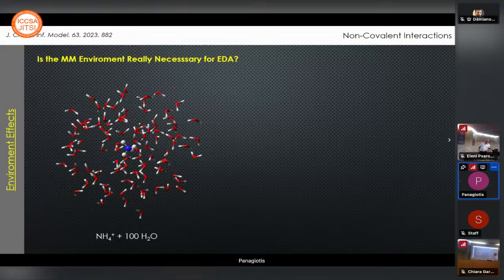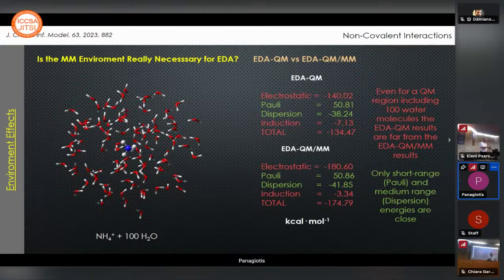Comparing the results obtained at QM level with the classical water molecules against pure QM calculations, so removing the classical region, we have found very important differences in the total interaction energy, by around 40 kilocalories.